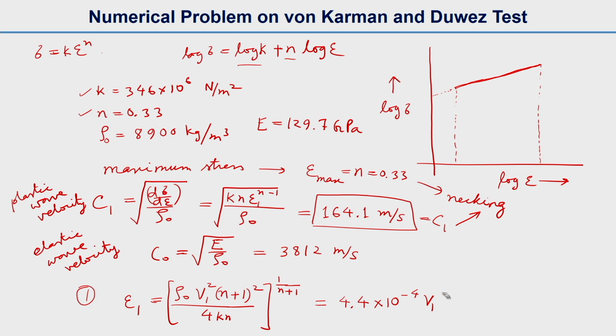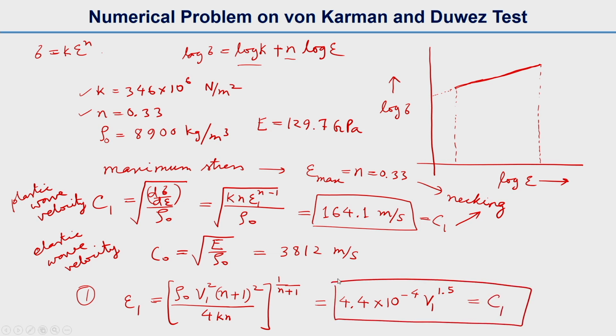Sorry, this is 1.5 actually. So how it gets 1.5 to the power 1, you can understand. This is squared, and this gives 1 by 1.33, which is like 3 by 4, so eventually this will be 1.5. So this is the first relation.